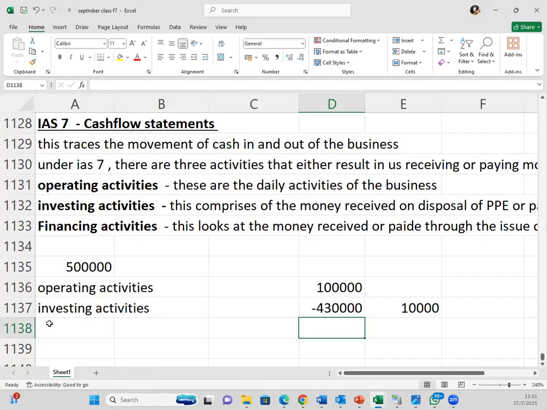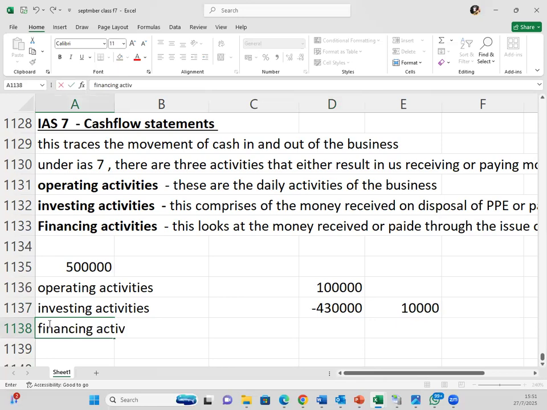Then we are also told financing activities.